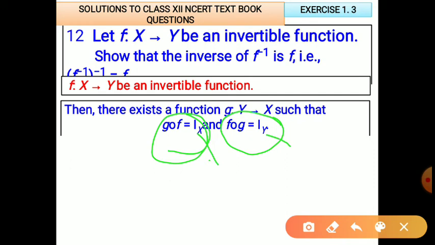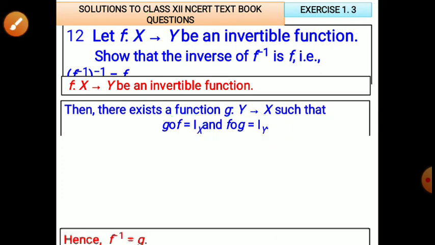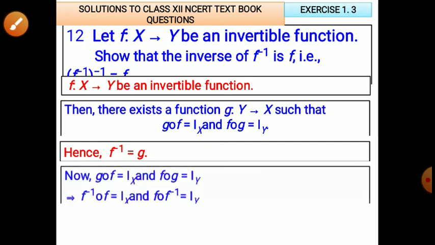So why? Because gof is to be defined, as I already told you, whatever function you are taking should be from x to x, okay. So that's why, hence f inverse is equal to g. So now gof is equal to identity function x, fog is equal to identity function y.